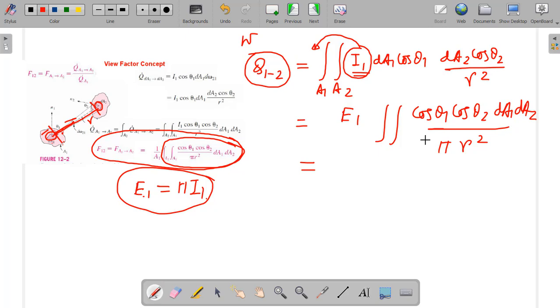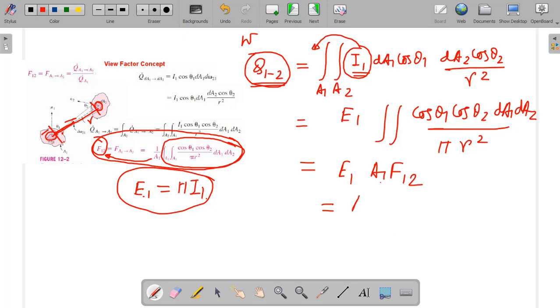So this integral term can be written as A1 multiplied by F12, as this is the definition of F12 that we explained in the last class. So the Q12, that means the radiation heat energy in watt that will emit from surface 1 and will strike surface 2, is basically E1 A1 F12.